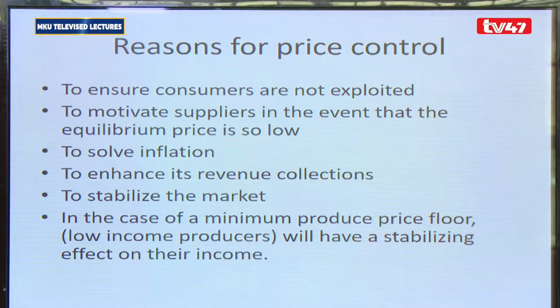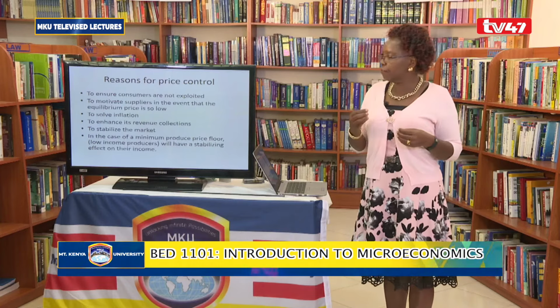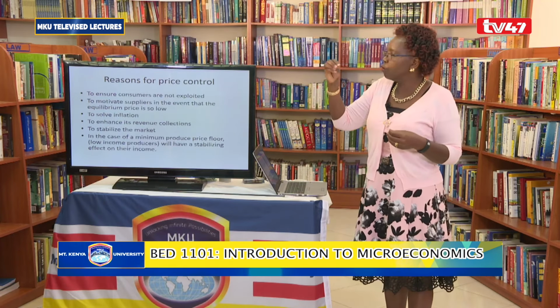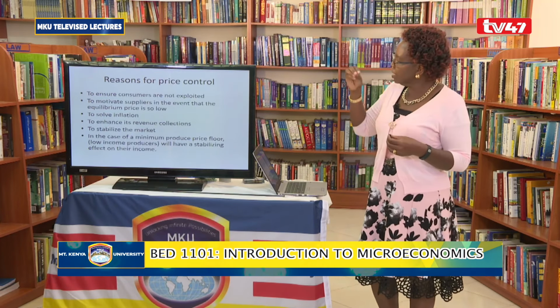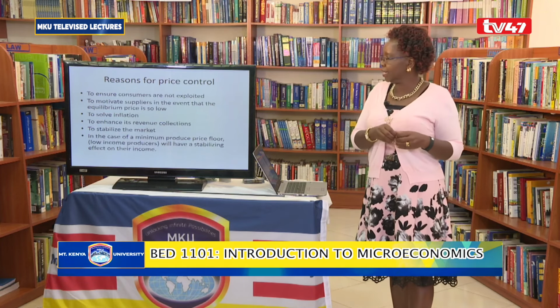Now, we have two kinds of inflation. I just want to maybe demonstrate this. We have what we call the demand pull inflation. Demand pull inflation is where too much money is chasing too few goods. When too much money is chasing too few goods, it means that there is a shortage in the market.